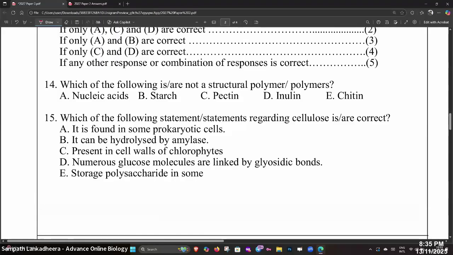Inulin is storage. Chitin is structural. So pectin you can't take, chitin you cannot take, and starch and inulin are correct. Nucleic acid is the question: which of the following are not structural polymers?